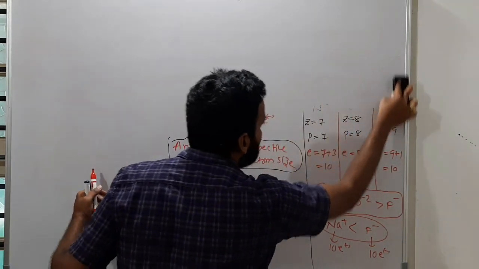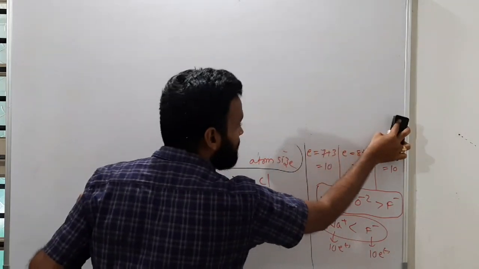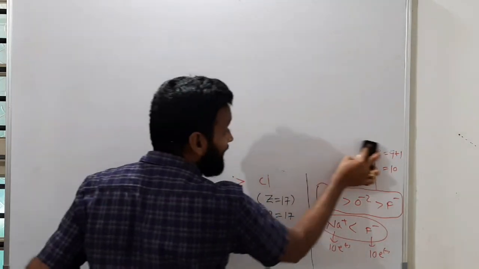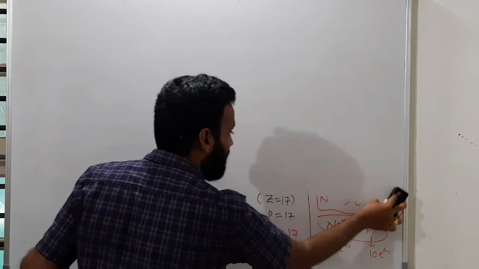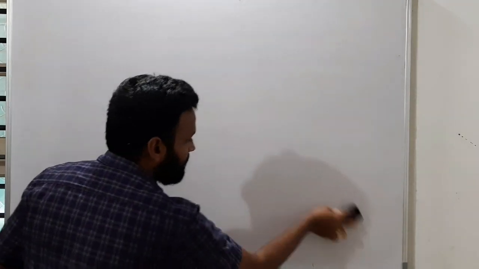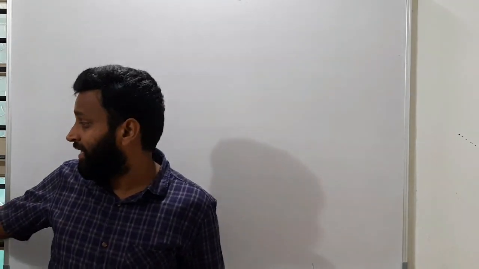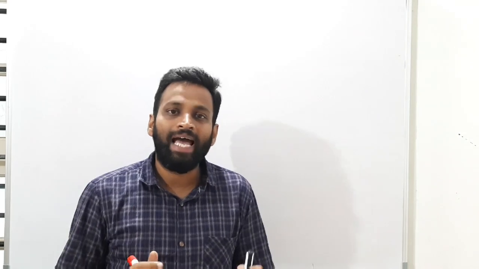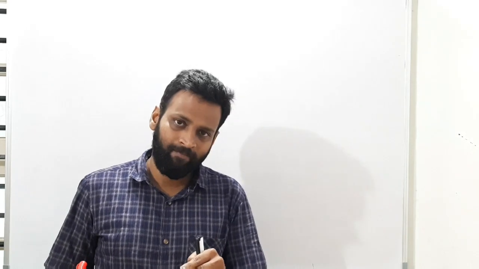One more important thing we will discuss now: do you know what? Van der Waals radius. Listen carefully, Van der Waals radius exists for gaseous atoms in solid state. Don't get confused.